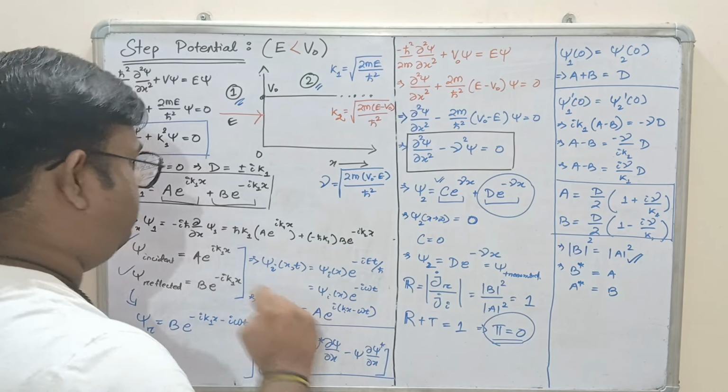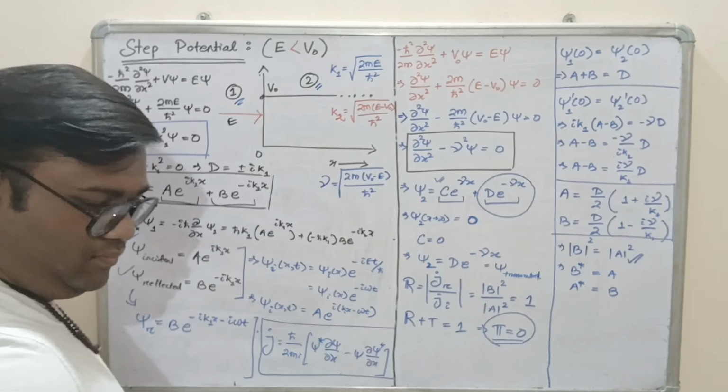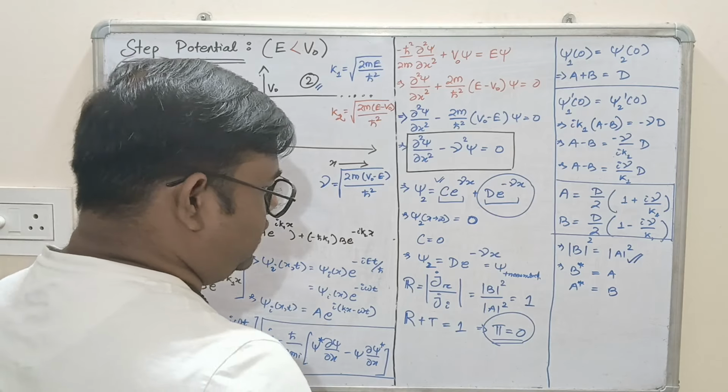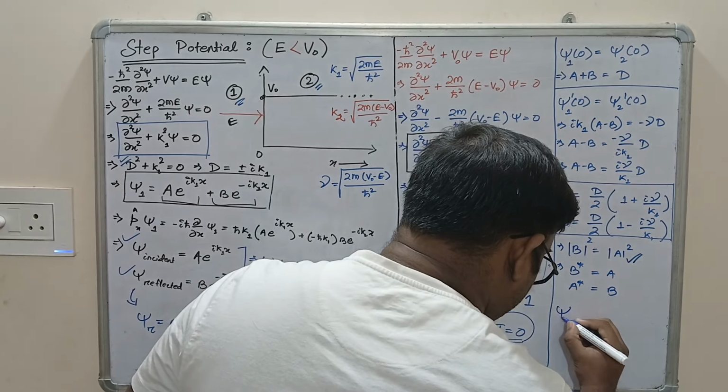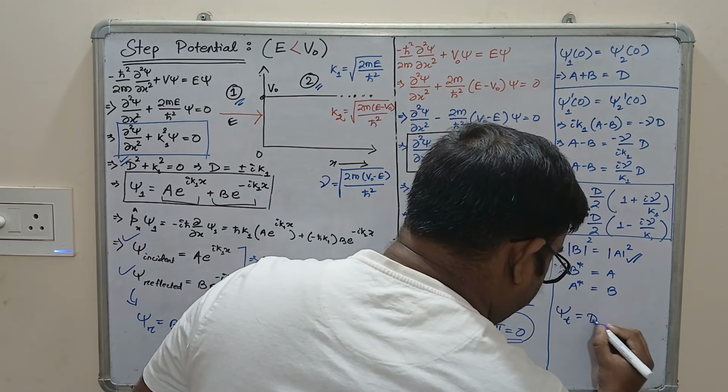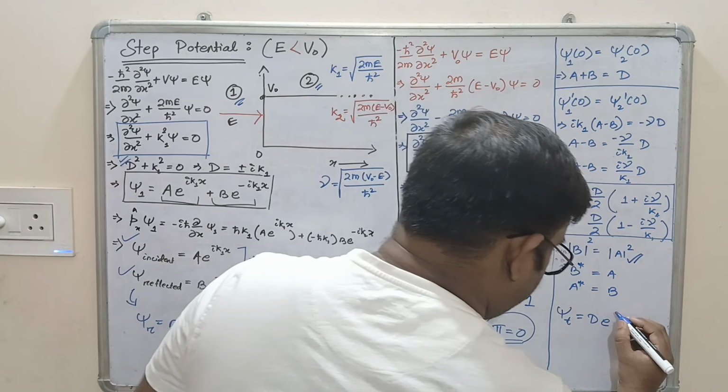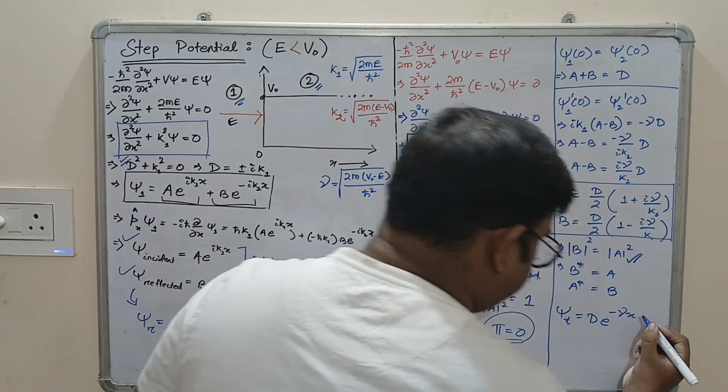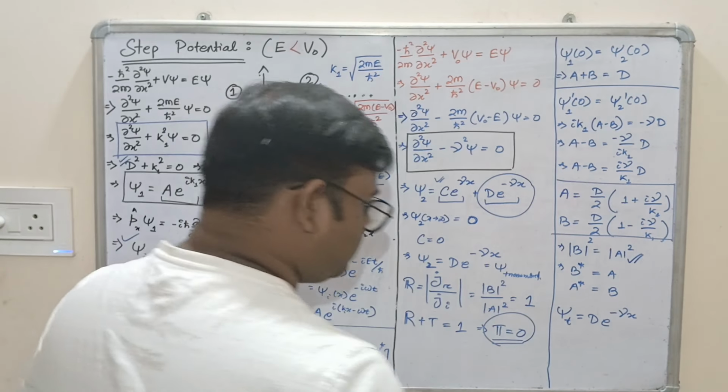Now, the funny part is that this is our transmitted wave, psi t, which is equal to D e to the power minus nu x.